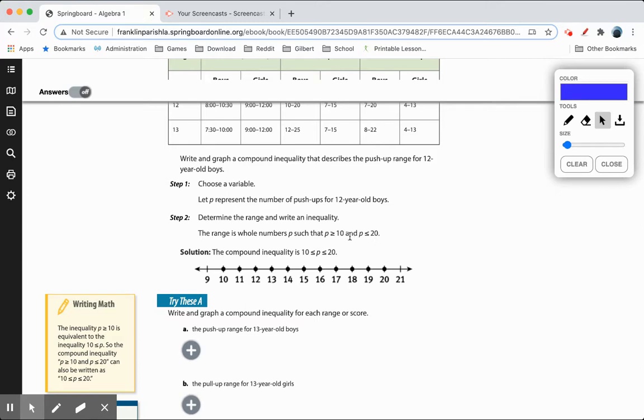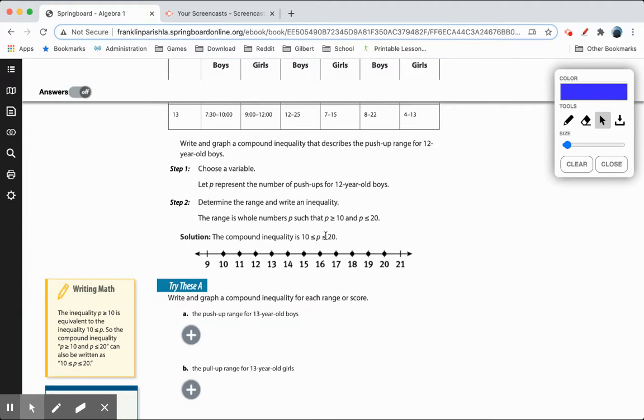Now look at this. When you have compound inequalities that are inclusive like this, you can join them together even more than just writing p greater than or equal to 10 and p less than or equal to 20. Since it's right in the middle, you can actually put the p right here in the middle. So it still says the same thing.